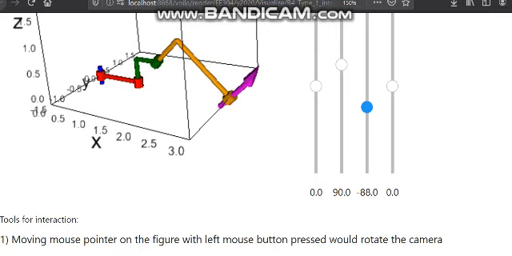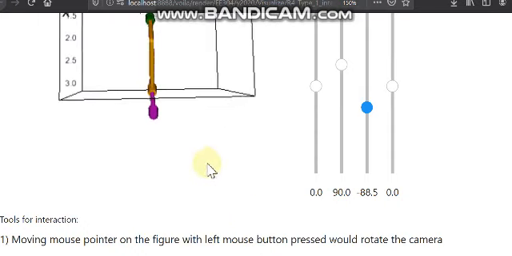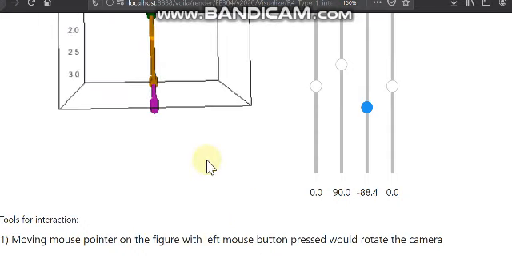So as we make those changes, it seems that O4 is still undergoing motion along y direction. This may be a lot more evident in this view. So as we make changes in theta 3, O4 is executing motion along y direction.